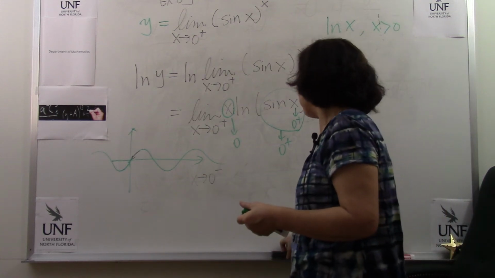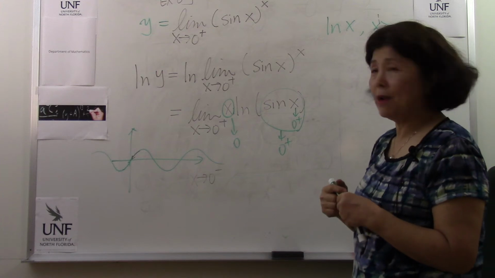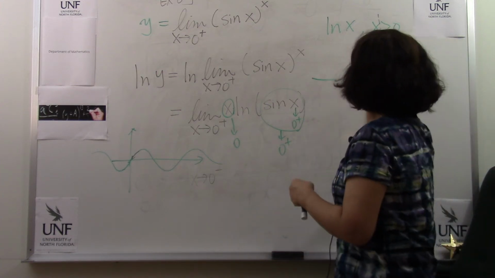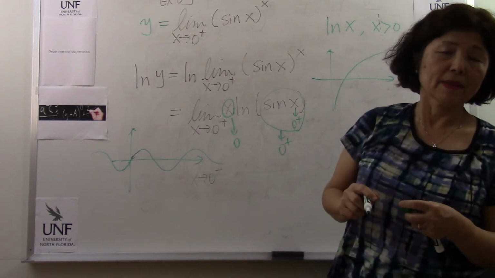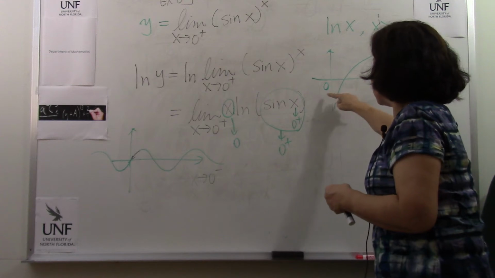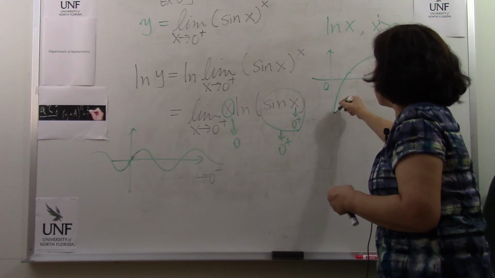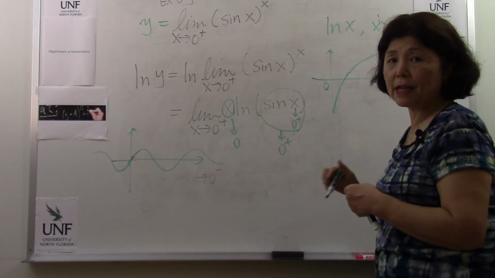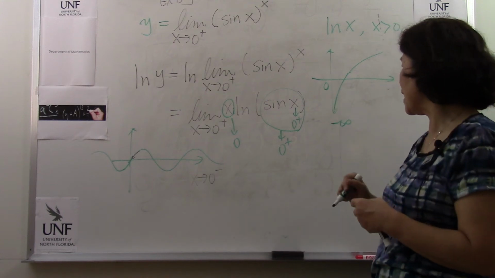So here we go. What is the natural log of 0 plus? Again, we look at the graph. 0 is here, 0 plus is this side, the right side. As the function goes down here indefinitely, it goes to negative infinity.